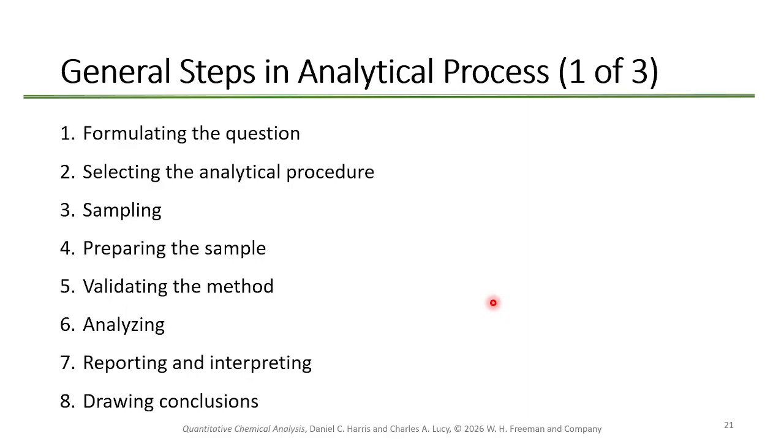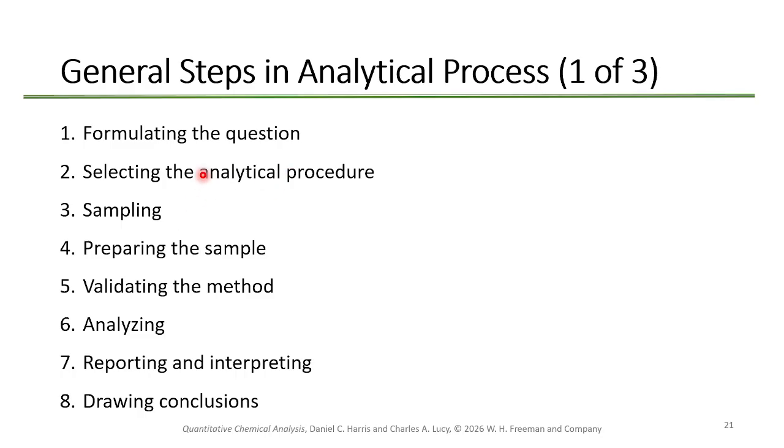Okay, so these are the general steps in the analytical process. You have number 1, formulating the question. What do you notice about that already? What does that sound like? Scientific method, right? This is the scientific method. It's just been fleshed out more for analytical chemistry. Number 2, selecting the analytical procedure. Number 3 is sampling.